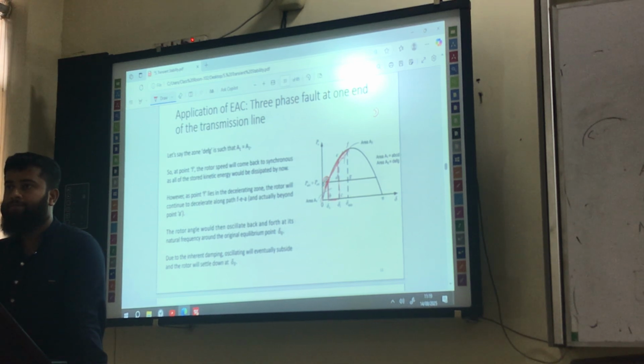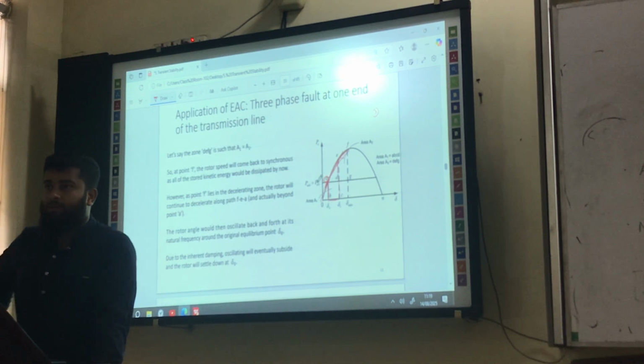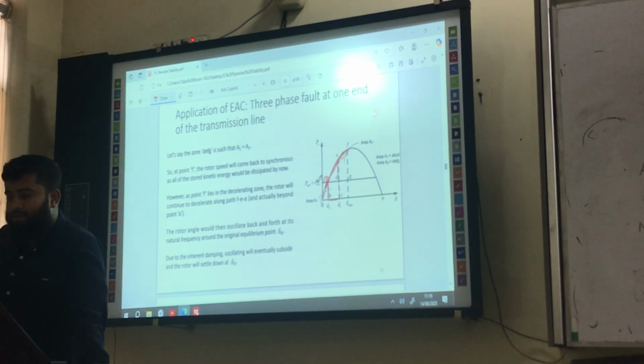Then for the next cycle, while we are moving from E to F, will the area change? Very good question. I didn't answer it because this is a bit complex.